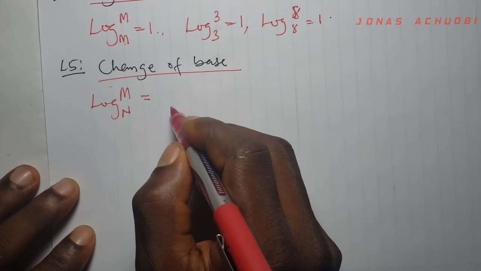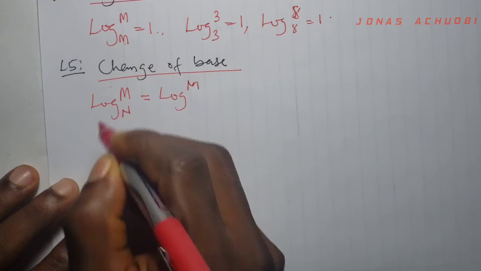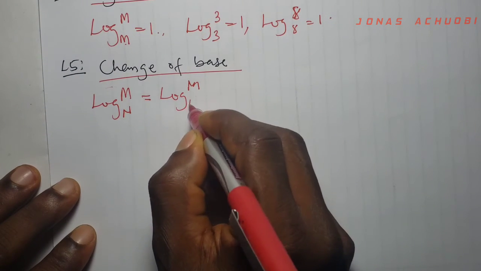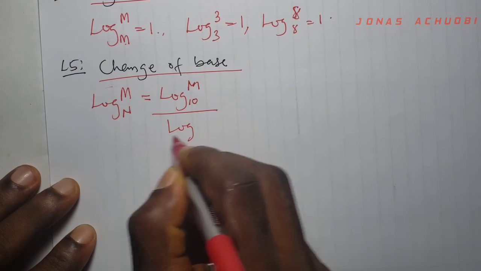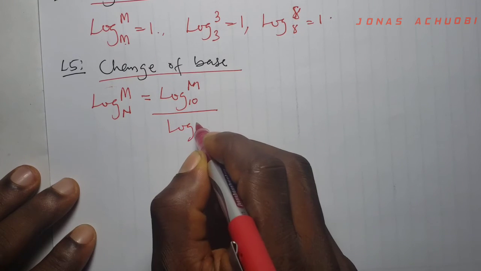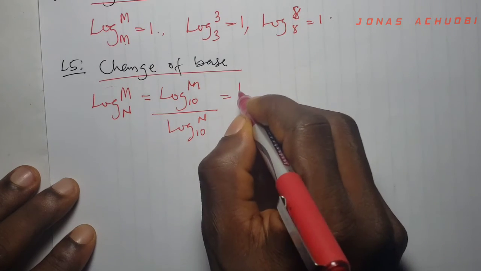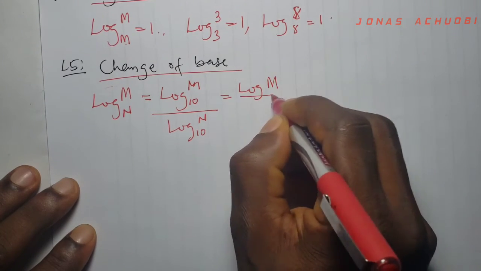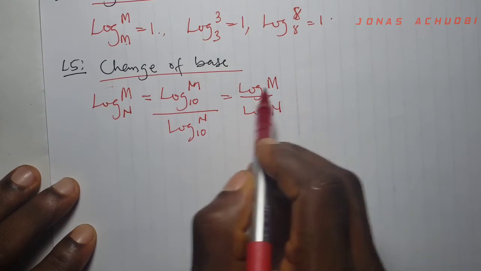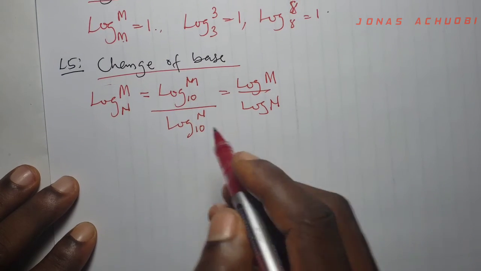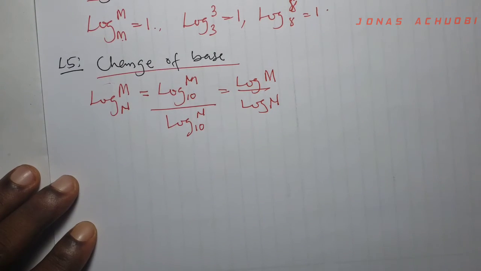So what do we do? This simply will be the logarithm of the number m in the new base of your choice, which now is 10, divided by the logarithm of n in your new base 10. So this just becomes log m over log n, since the common logarithm can be written as this. If you choose to convert this log to a log in base 2, what would it be?